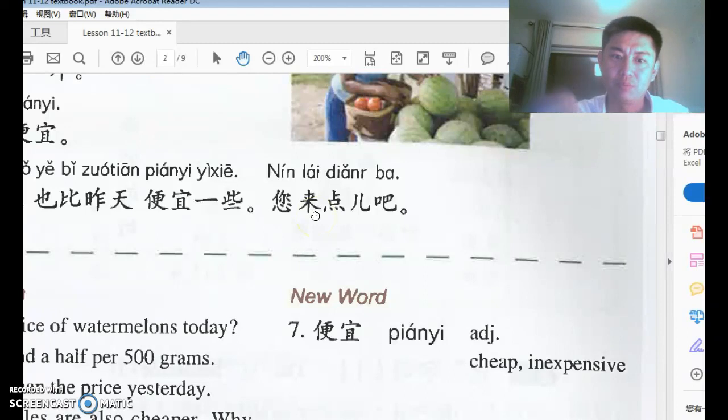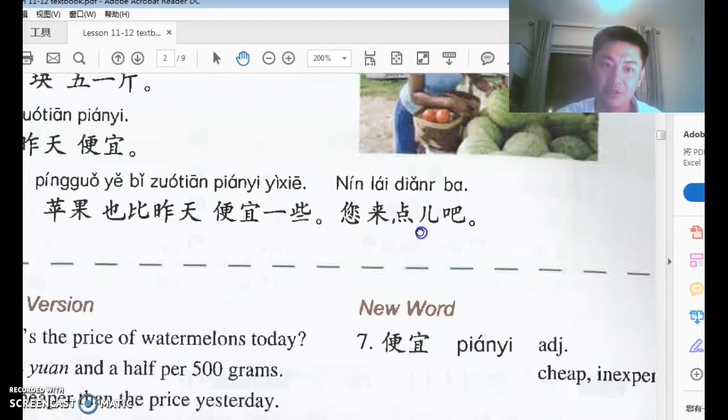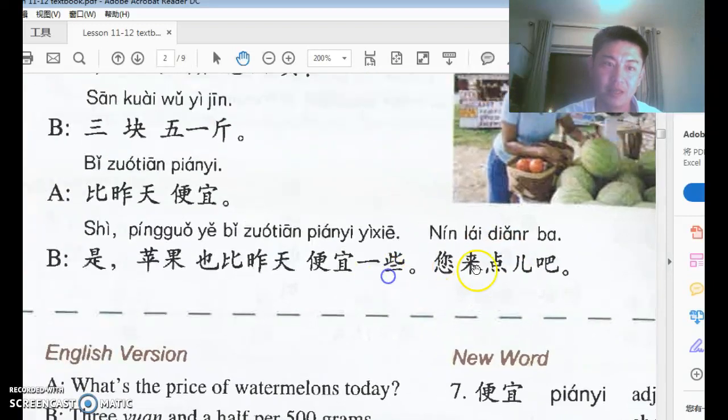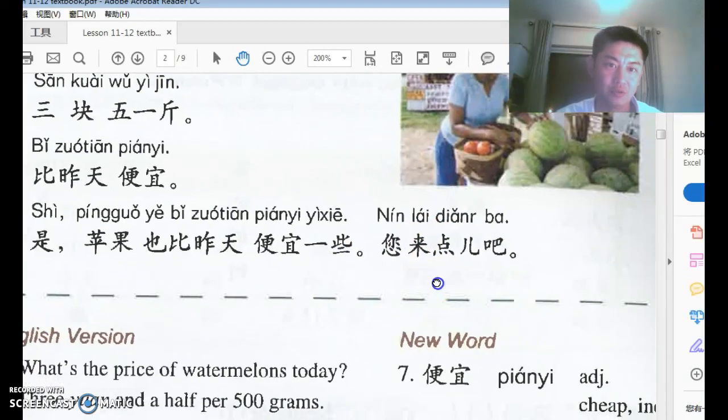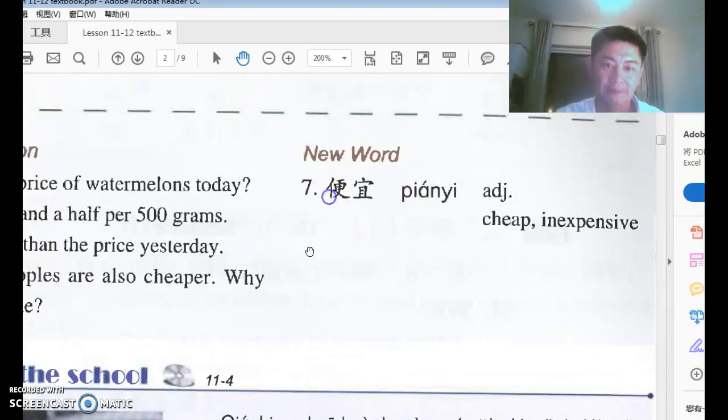You take some, you bring some, you grab some. You take something from far away from you and bring it closer to you, and then you hold it and you go away. So that's this concept of 来. So why don't you buy some? 来点儿 a bit. You buy a bit 吧 suggestion. Depending on the context, 来 in here is to buy.